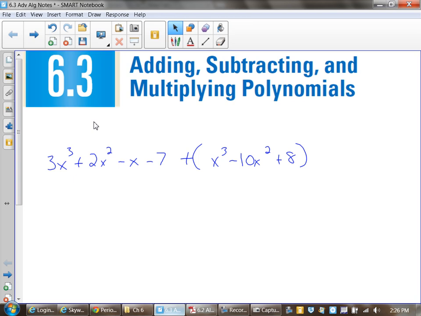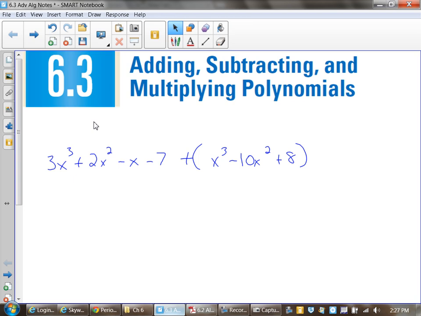What happens a lot of times in the book is it writes all these problems out horizontally. I have found that whenever you're adding or subtracting, it's always easier to visualize what's going on when you rewrite it vertically. When you're adding or subtracting, you're doing nothing more than combining like terms.